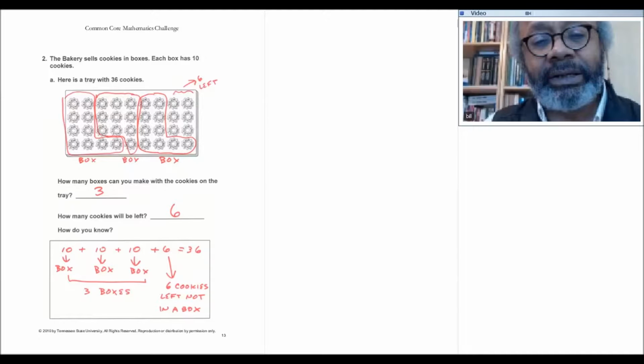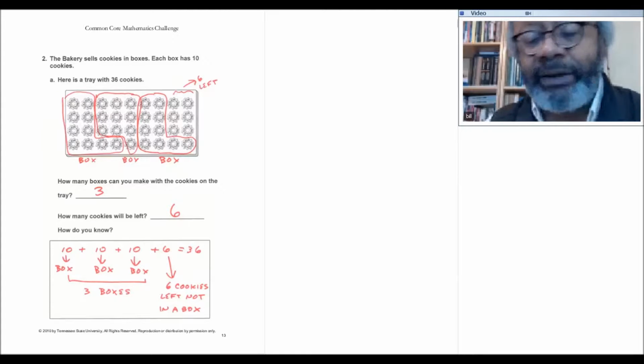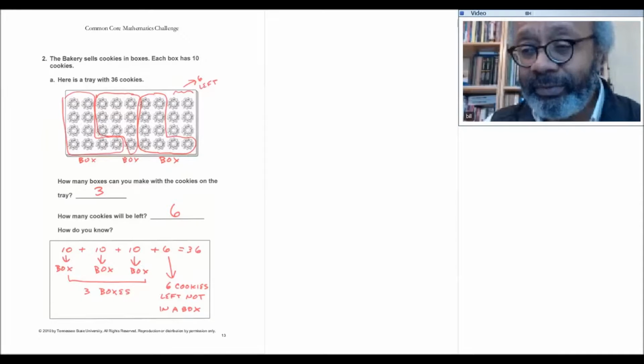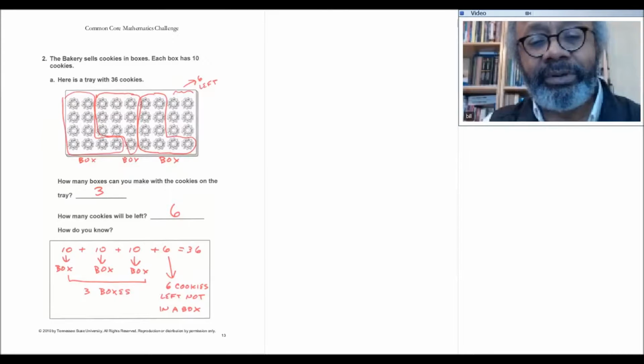And at the bottom, they're going to write this in mathematical symbols and in words. For the first graders, it's important that what's happening here with the mathematical symbols is that they're really learning how to write place value symbols. So the tens place really corresponds to a box of cookies.